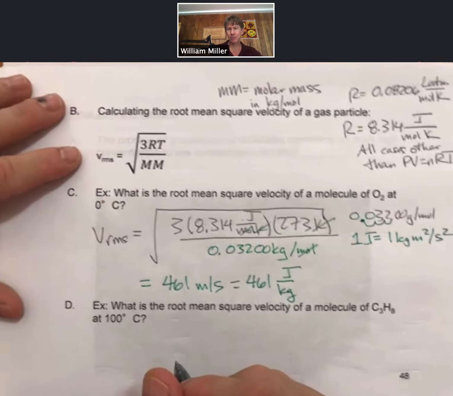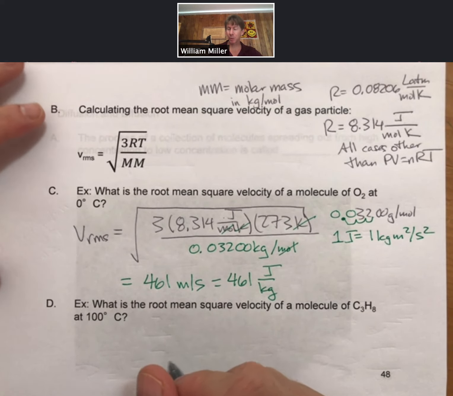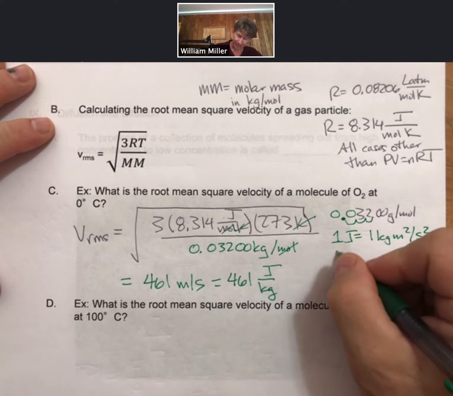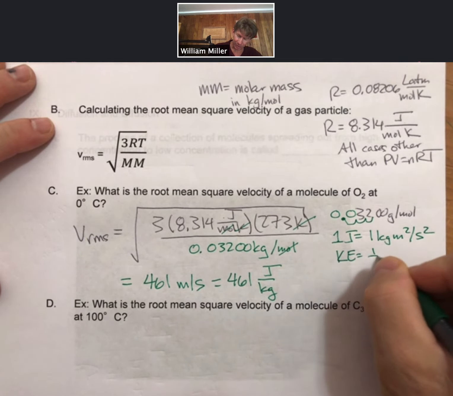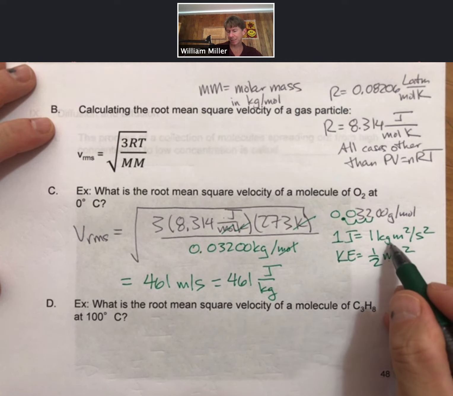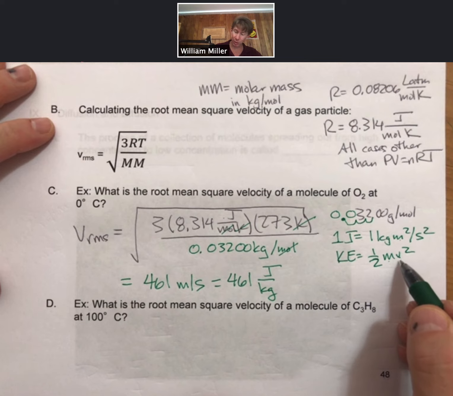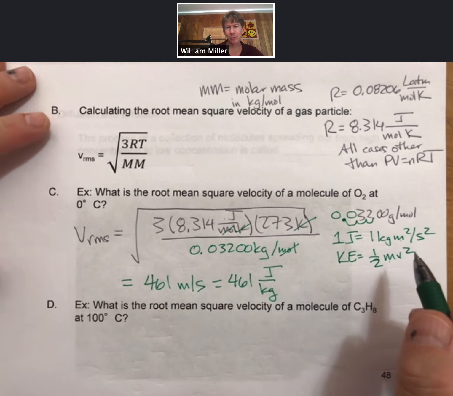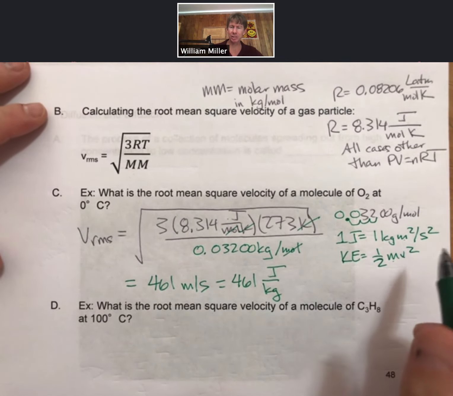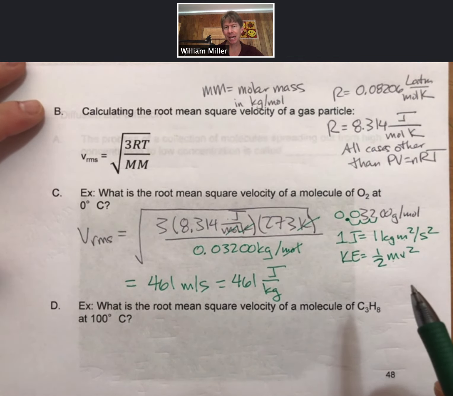This is related to the fact that kinetic energy equals 1/2 mv squared, where mass is in kilograms and velocity is in meters per second, which is then squared. That's what I always think of when I think of how a joule is defined in SI units.